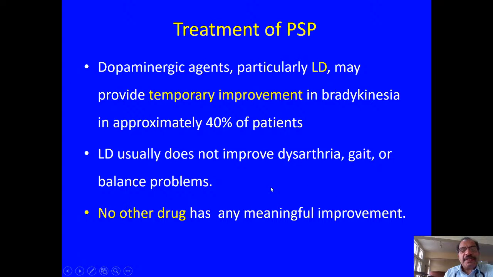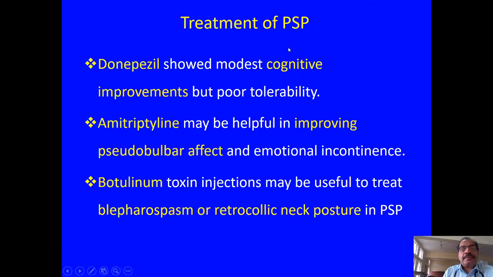So there is no specific treatment for PSP, but if there are other manifestations like dysautonomia, you can give the treatment the way we treat patients with autonomic dysfunction because of other etiology. If cognitive dysfunction has come, then you can take the help of drugs like donepezil. That will help. If the patient has some pseudobulbar effect like emotional incontinence, then you can take the help of drugs like amitriptyline.